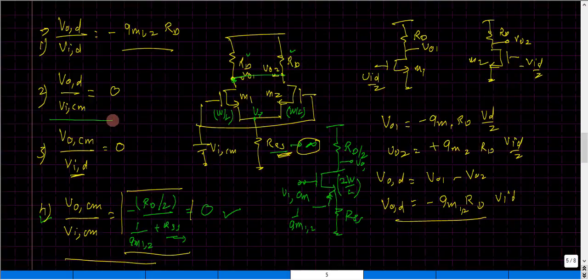Here I wrote that the value of differential output with respect to a common mode input was basically 0 when the circuit is symmetric. But what happens when it is asymmetric? Then this term will never be 0, so there will be a non-zero term associated with it.